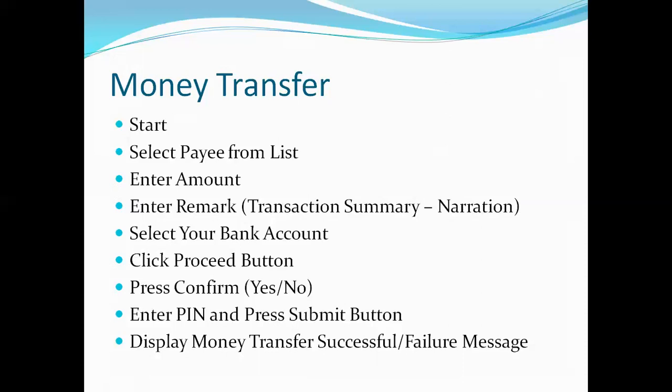Suppose during confirmation I have pressed the no button, or at enter PIN, I have entered an incorrect PIN, so what happens? So you just concentrate on basic as well as alternate flows. Here I have just mentioned the basic flows. I have not included the alternate flows here.